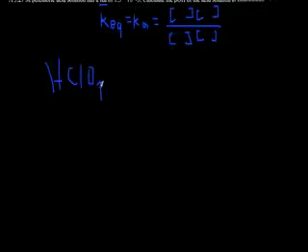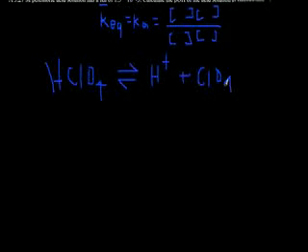HClO4 is at equilibrium with H plus, because you see there is an H right here, so it's H plus and what's left over. What does it dissociate to? ClO4, and if you know the polyatomic ion, it's a minus, though you don't need to know that.